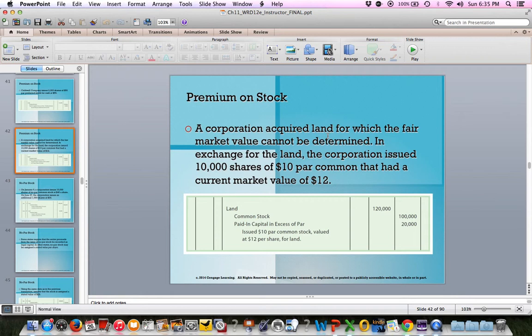So 10,000 shares times $12 is 120,000. I also then credit common stock for 100,000, and I've got a current market value then of $12. And the extra $2, the $2 above 10, is 2 times 10,000 is 20,000. So I debit land for 120, credit common stock for 100, credit paid in capital for 20.